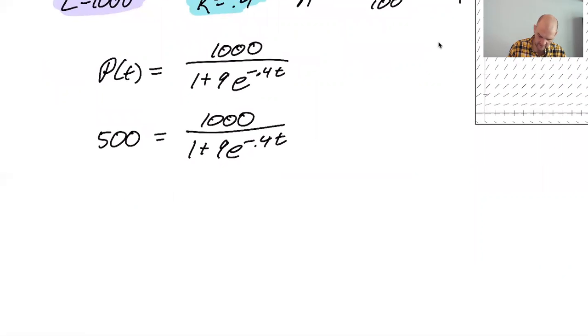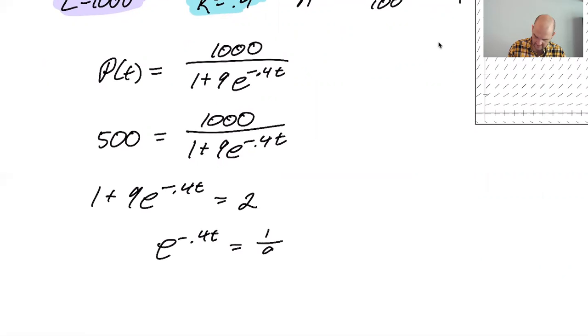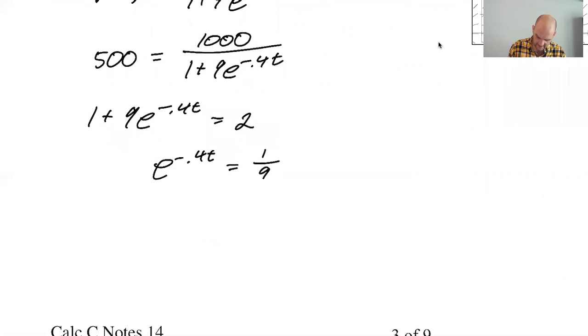Okay, so we do our thing, we get 1 plus 9e to the negative 0.4t equals 2. Subtract 1, divide by 9, e to the negative 0.4t equals 1/9. Then we take the natural log, and we get negative 0.4t equals the natural log of 1/9.